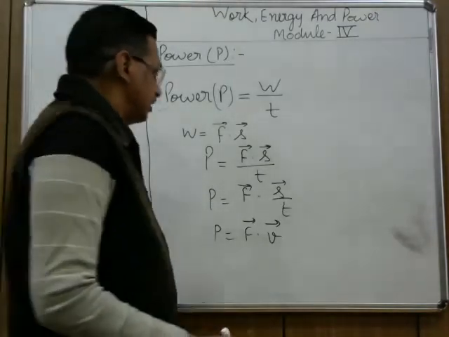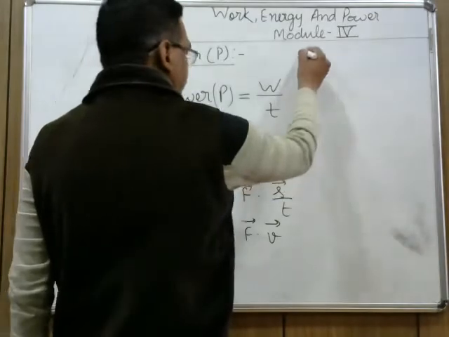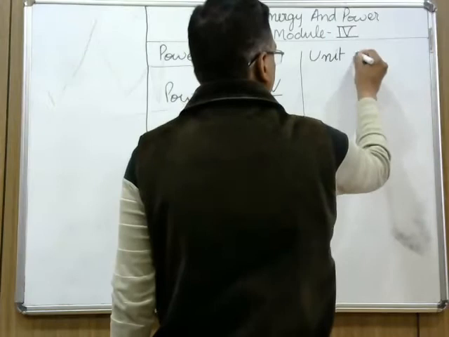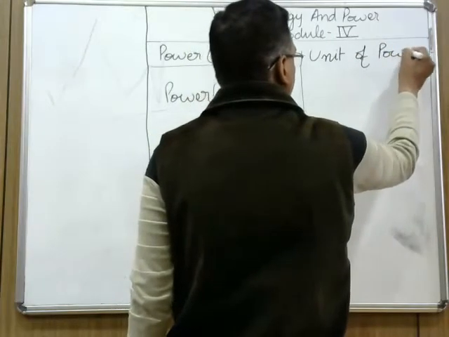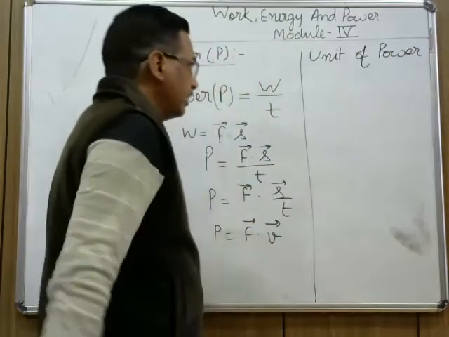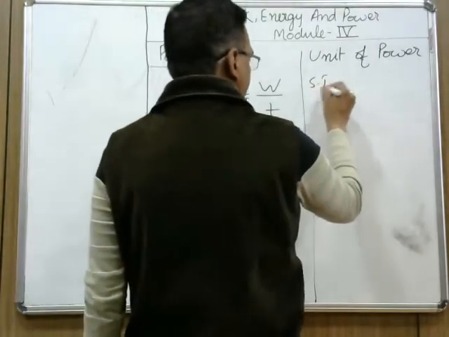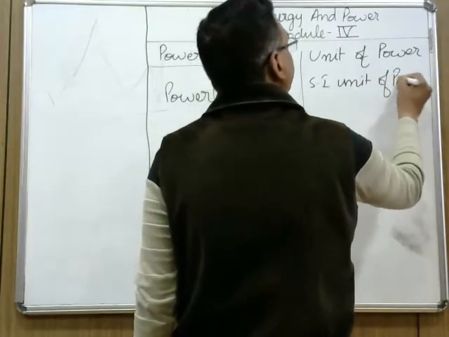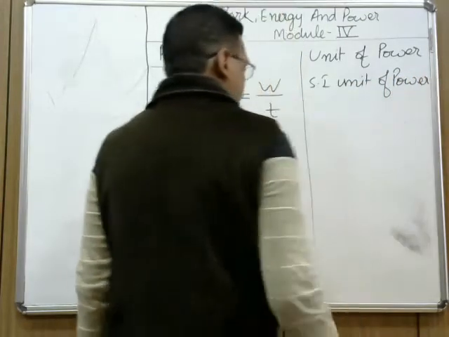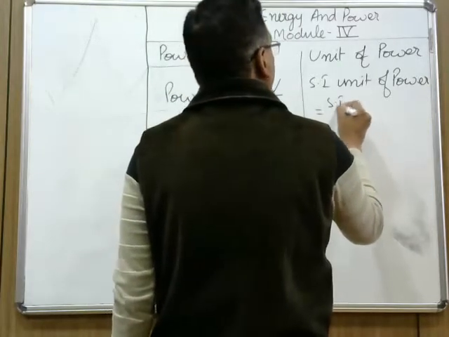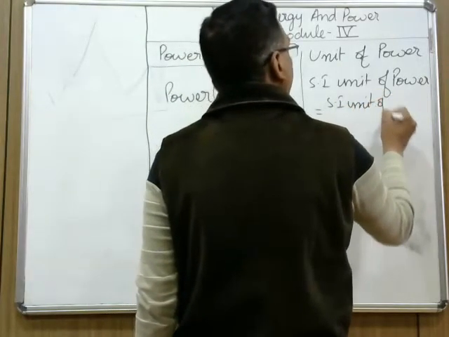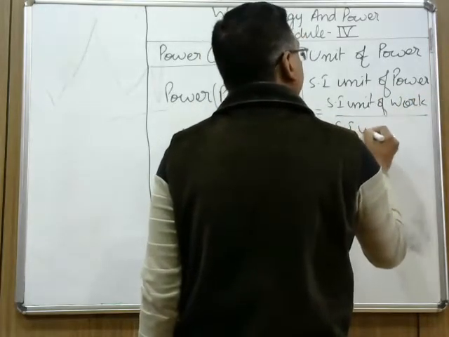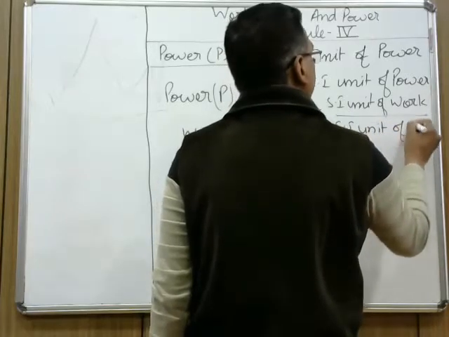Now, the next question is the unit of power. As far as the SI unit of power is concerned, this will be SI unit of work upon SI unit of time.